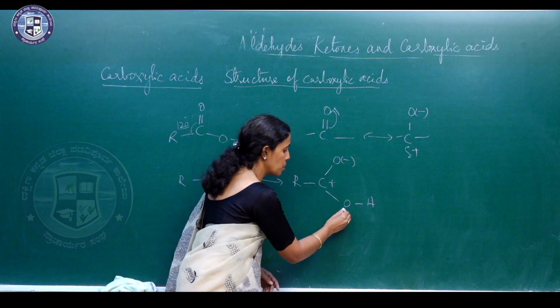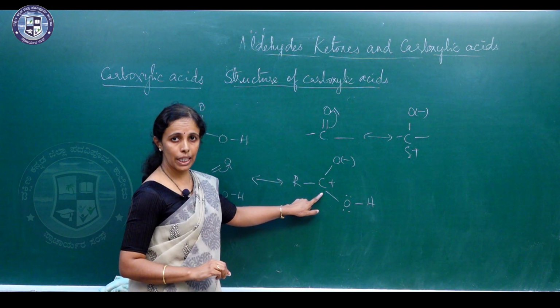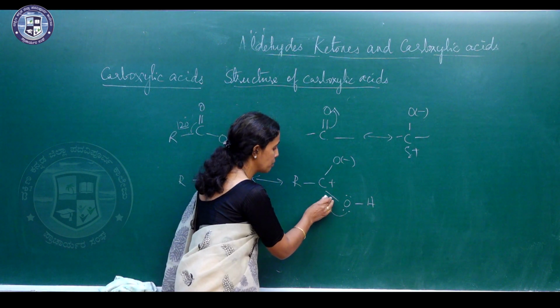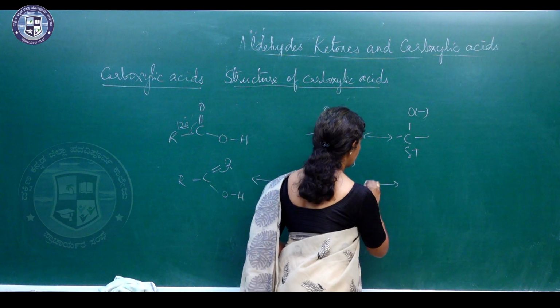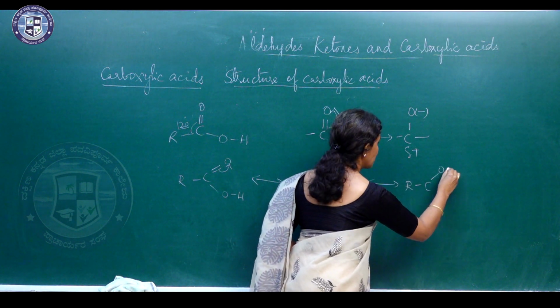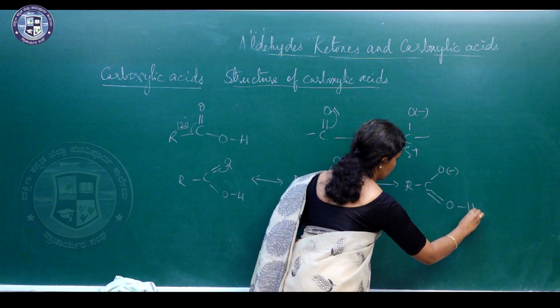This oxygen has a lone pair of electrons on it. So, in order to reduce the electrophilicity of this carbon atom, the lone pair of electrons is given to this carbon atom. Then the electrophilicity of the carbon atom is reduced here.